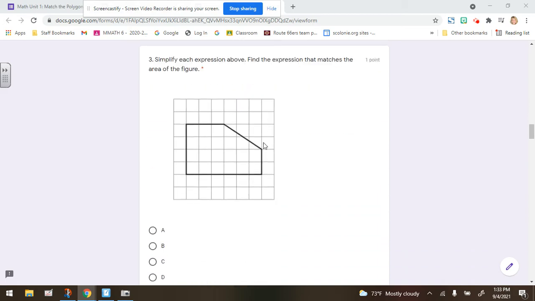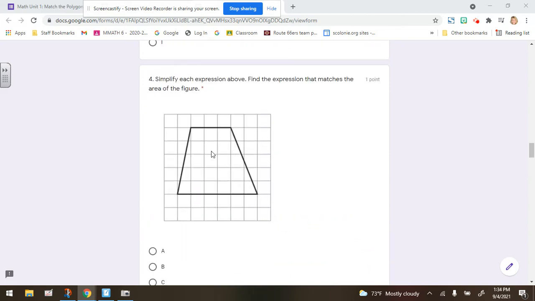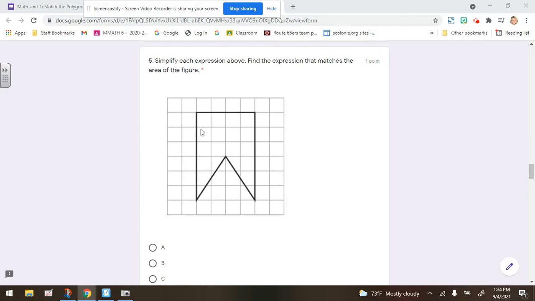So this is a potential one that we could use that strategy. This one right here, number 3. We could find the area of the rectangle and then subtract out the area of the triangle. Another one, I would probably use the trapezoid formula, but you could think of this as a rectangle and subtract out the two triangles. This one, you could think of this as a rectangle and subtract out this triangle.